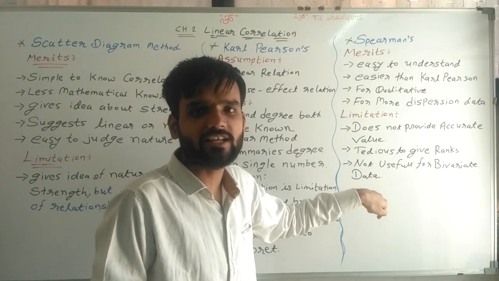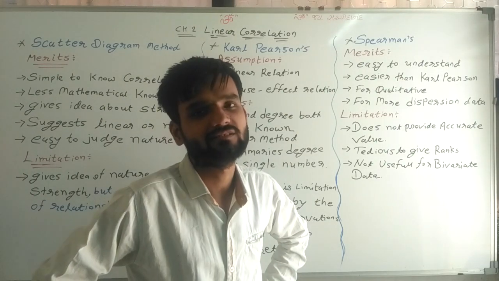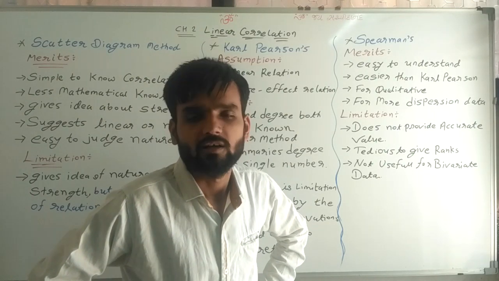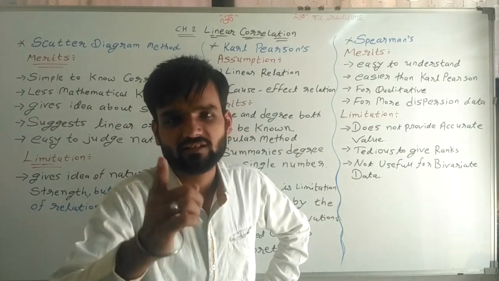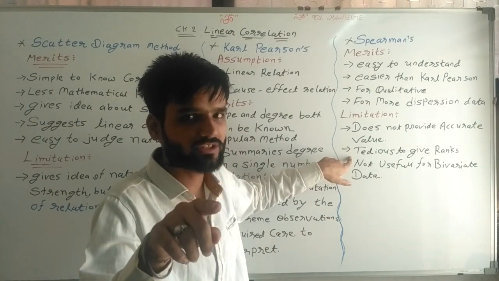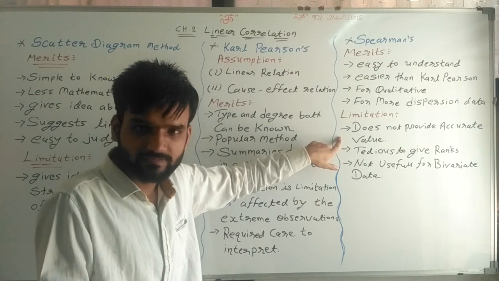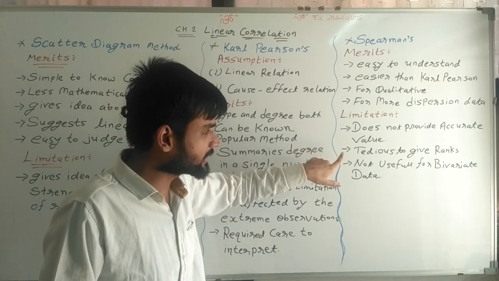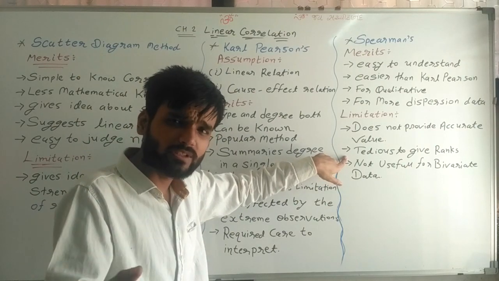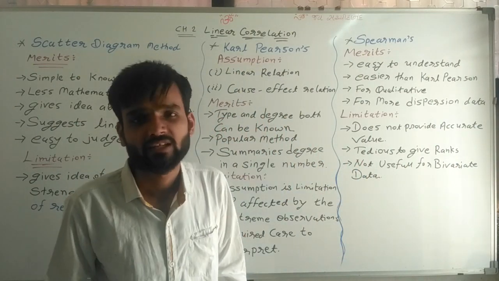So even though it is tedious, it is useful when attributes are given. But to get marks in the examination, again write it as a limitation. So first limitation, it cannot give accurate value compared to Karl Pearson. Tedious work is there. And the last one, it is not useful for bivariate data.